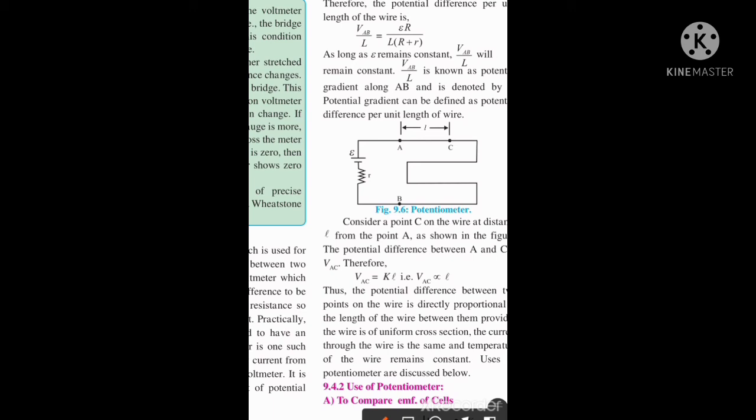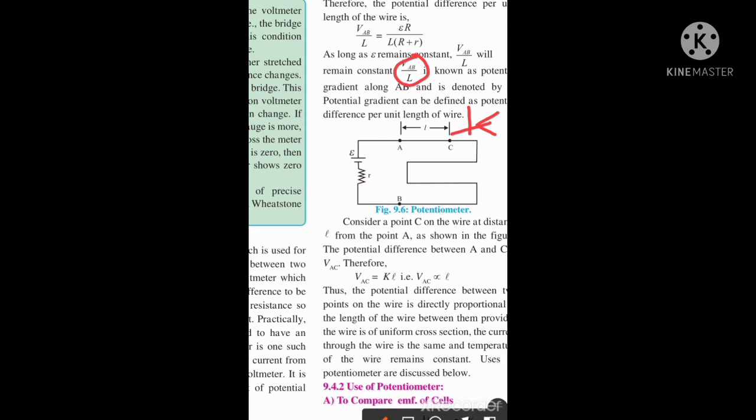Therefore, this fraction, potential difference per unit length of the wire, that is V_AB upon L, is known as the potential gradient along wire AB and is denoted by K. So how do we define potential gradient?